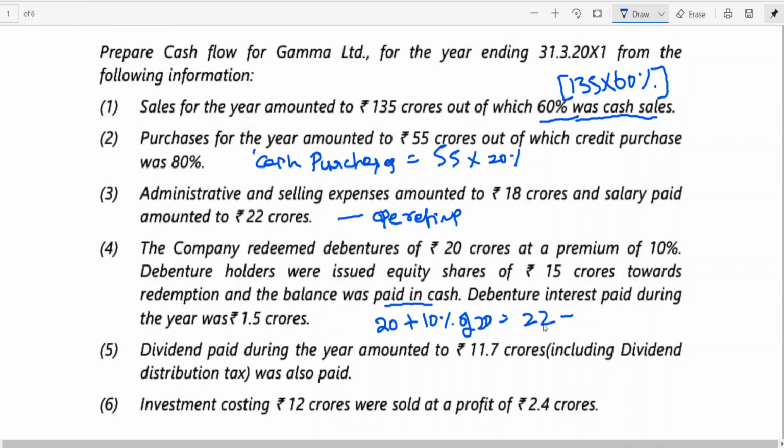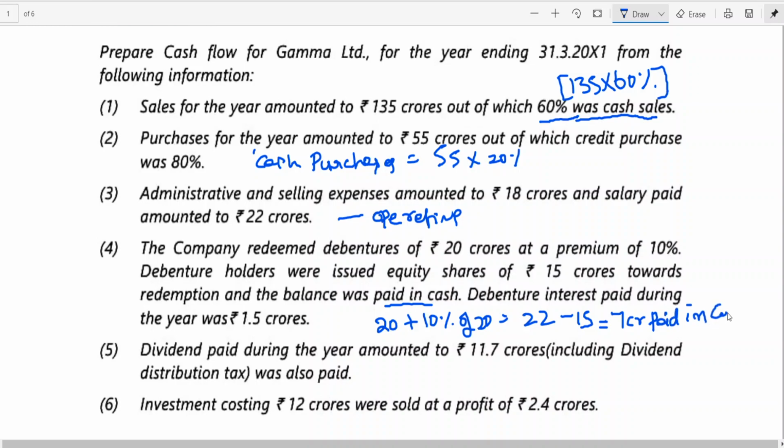That means out of 22 crores, 15 crores has been converted into share capital, that is, convertible debentures. So what is the balance? 7 crores was paid in cash.